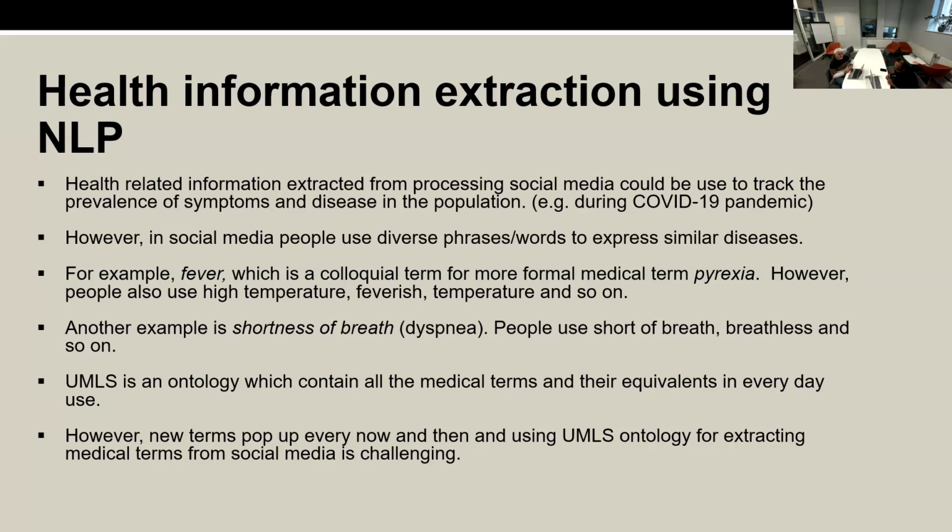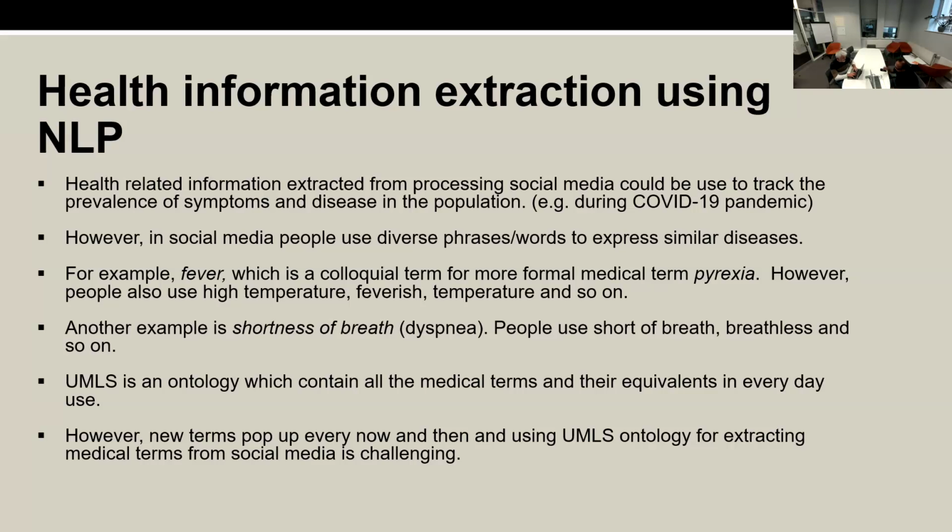For example, shortness of breath or breathlessness was probably not in the UMLS ontology, so if we had used UMLS to catch that, it would have missed it. So how do we go about that? One very simple solution is to use a dictionary.